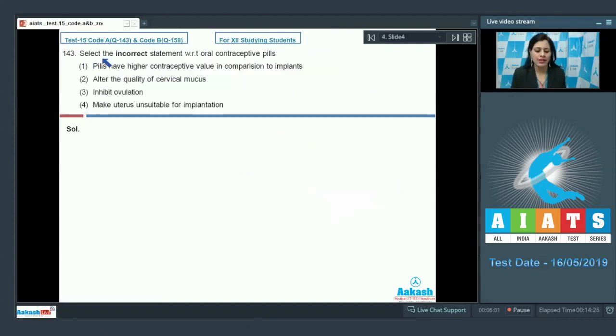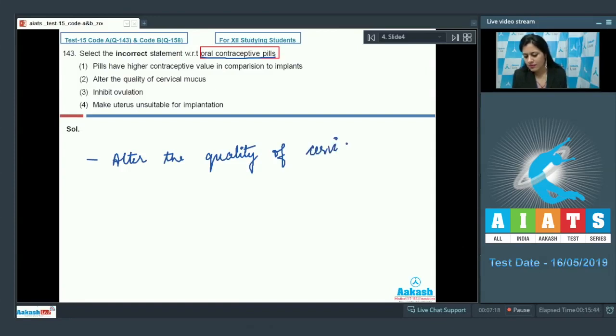Question number 143. Select the incorrect statement with respect to oral contraceptive pills. And we know that oral contraceptive pills act by altering the quality of cervical mucus.